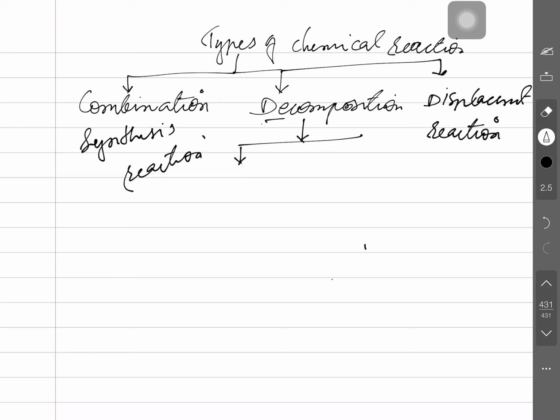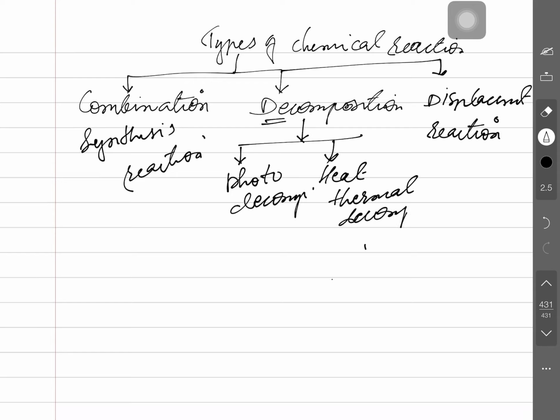If the decomposition is taking place due to light, it's called photo decomposition. If this is happening due to heat, then it's called thermal decomposition. Next is due to electric current, so it's called electrodecomposition.